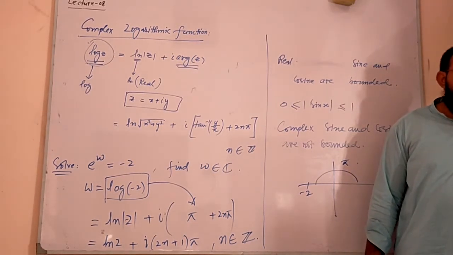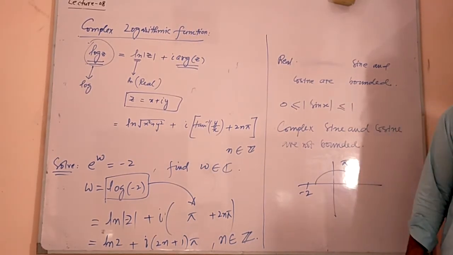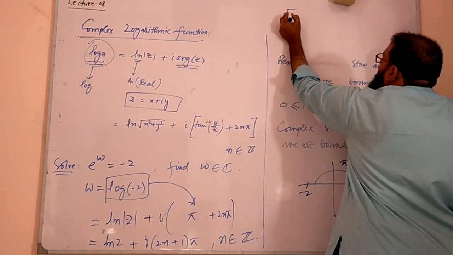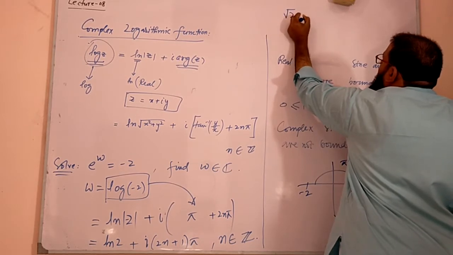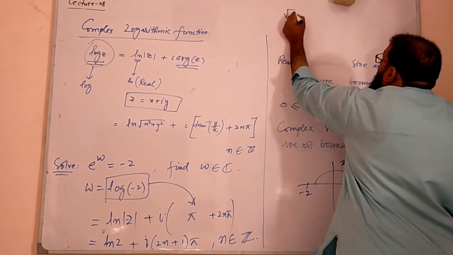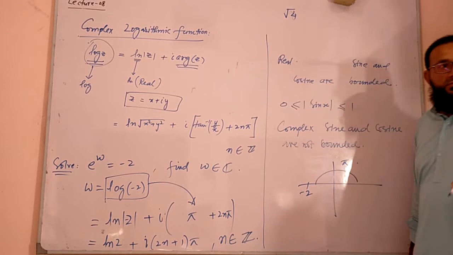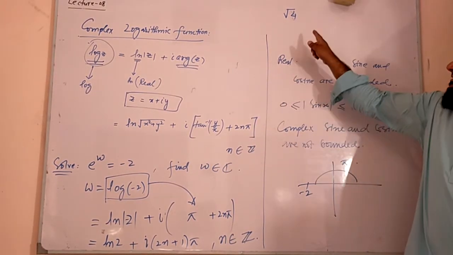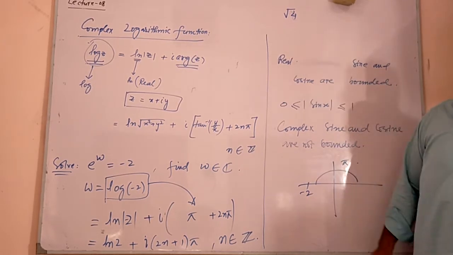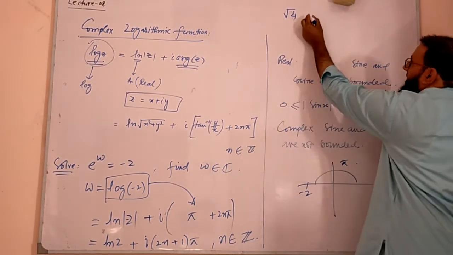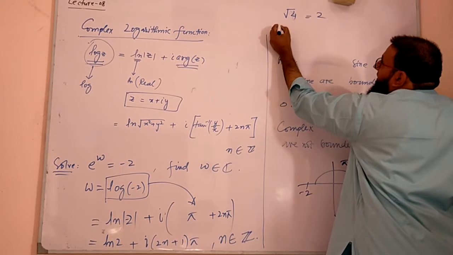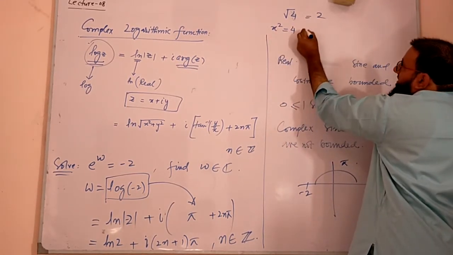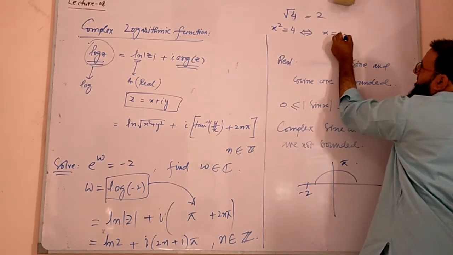In complex analysis, this happens mostly. And what about this thing? Like when you find this square root, how many answers do you get? 2 answers. But basically, this is only 1. The answer is 2. But when you ask how many solutions this equation has, then you can say plus and minus.